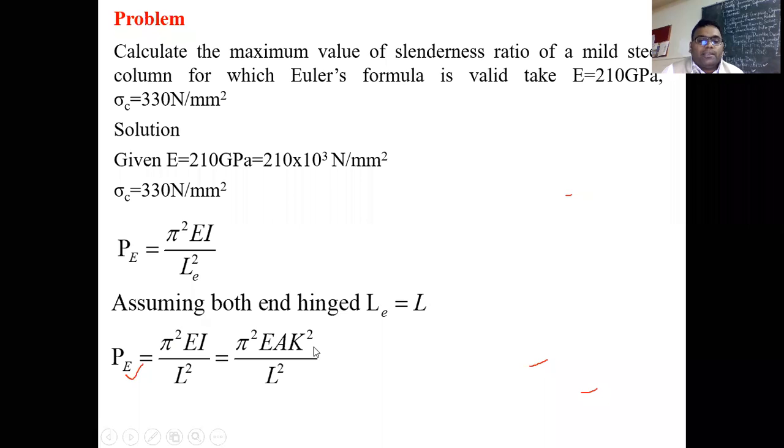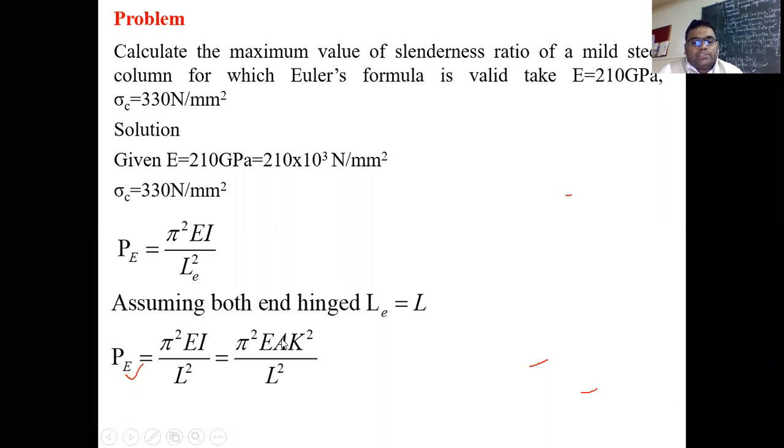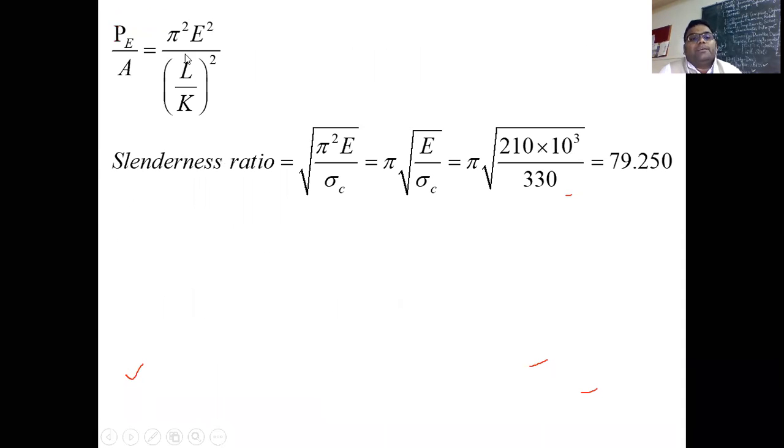So in this formula we break I as A k square. Let's move ahead. You can see, my dear student, A is sent to the other side, so it becomes pi square E upon L by K whole square, and this value P upon A is called sigma c.